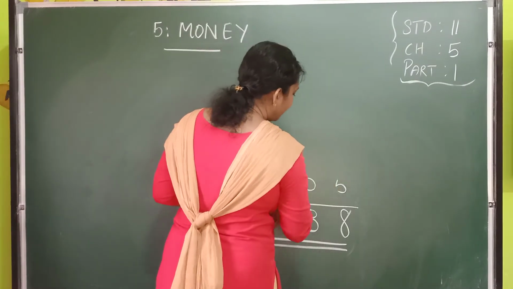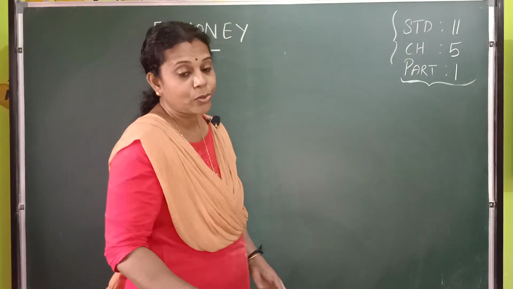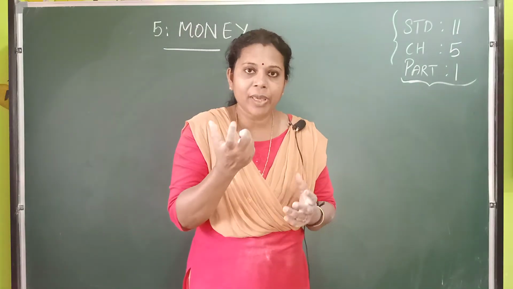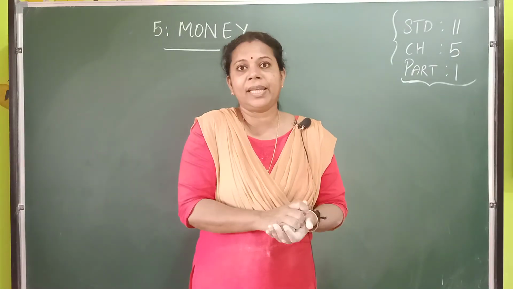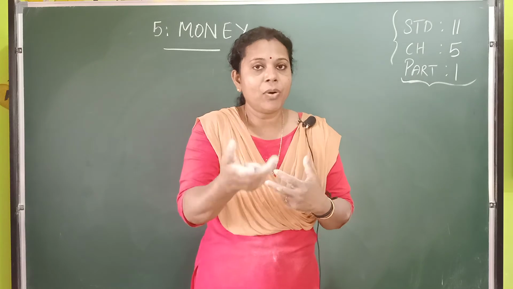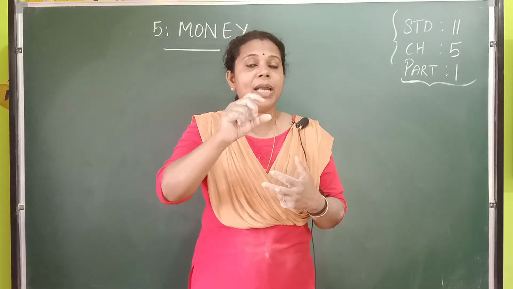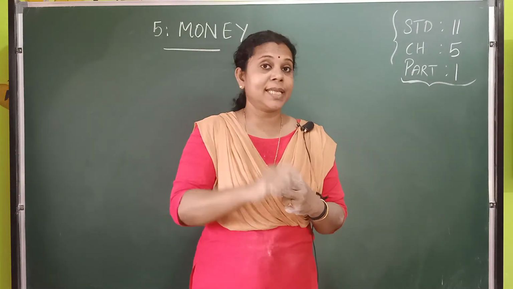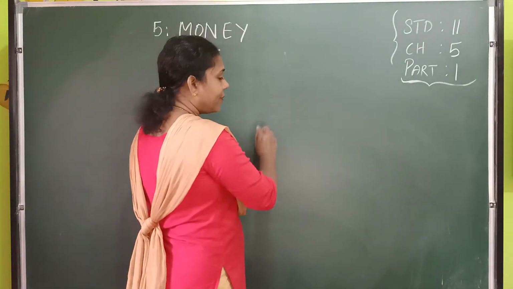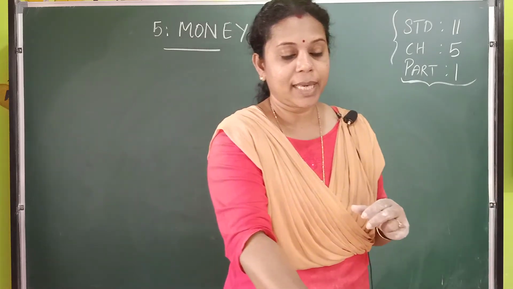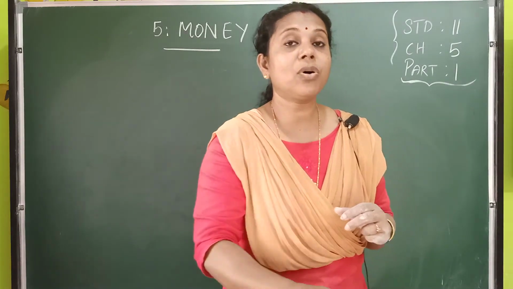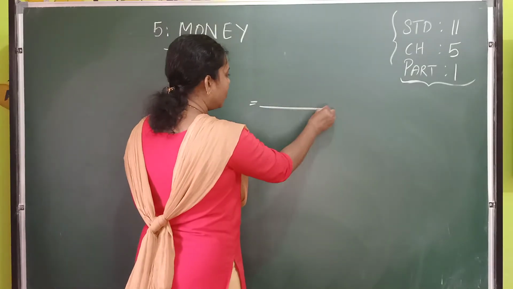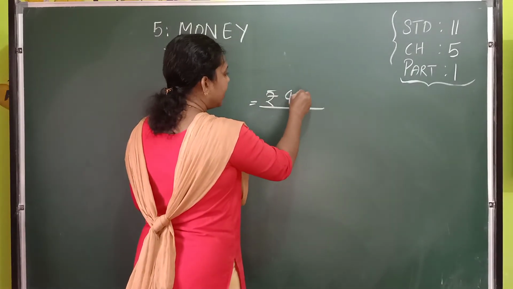For that, how will you do? 42 rupees is the marble set. He has only 35 in hand. The amount he needs more. It is subtraction, isn't it? The statements given to you are: cost of the marbles is equal to rupees 42.